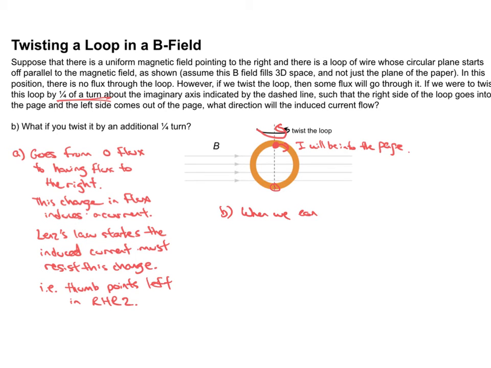So when we continue twisting, we now start to lose flux, to lose rightwards flux. So we're going to induce a new current into this loop that's going to resist this new change.